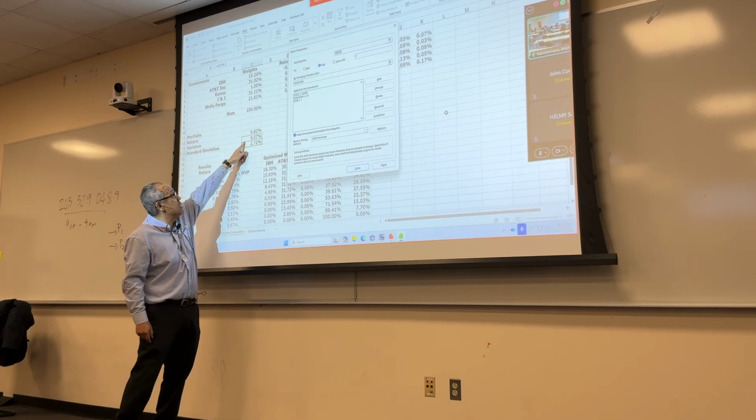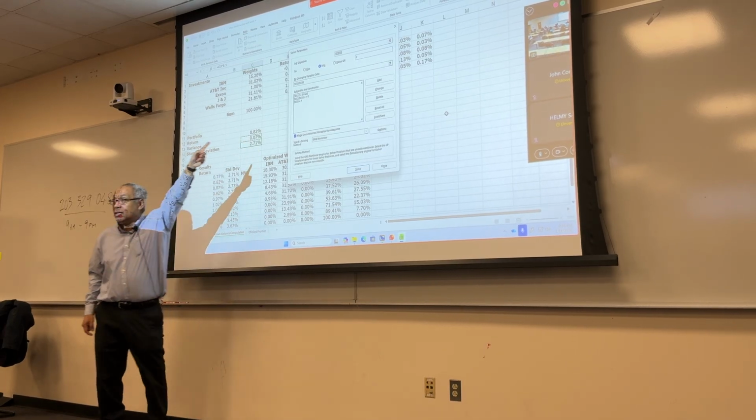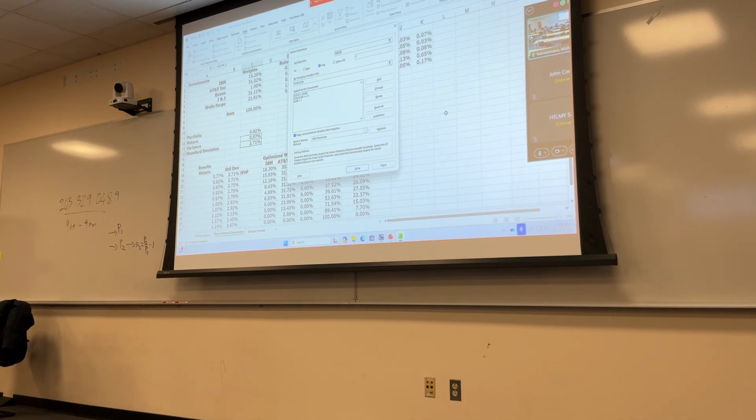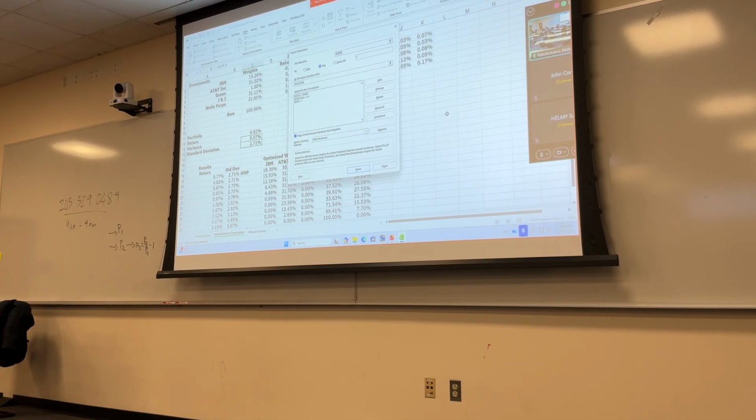What is C13? It's the cell that contains portfolio variance. The formula for portfolio variance is in there. Do we all see this? So that's the first thing you tell Solver. I want to minimize portfolio variance. Questions about that?